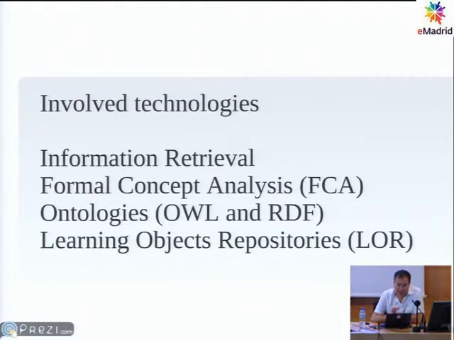We combine these four technologies that I show here. We use information retrieval techniques to make the clusters and to crawl the information inside the web. Also, we have ontologies to model the instructional intention and to classify these learning objects according to the possibilities that they have to be useful for the student.